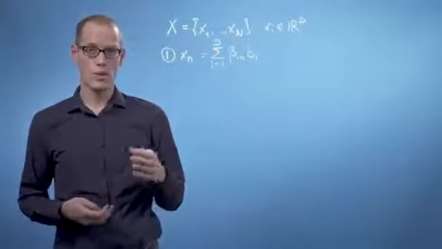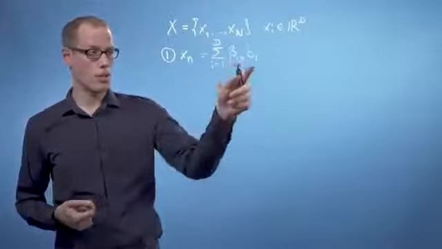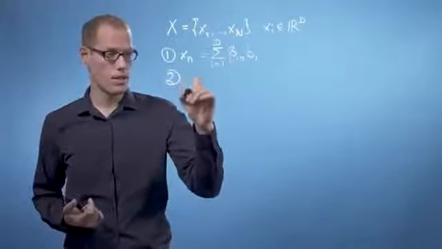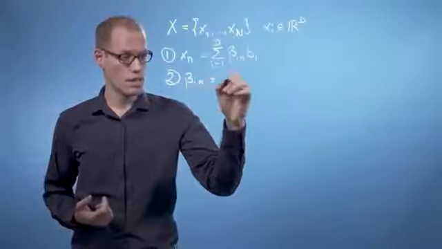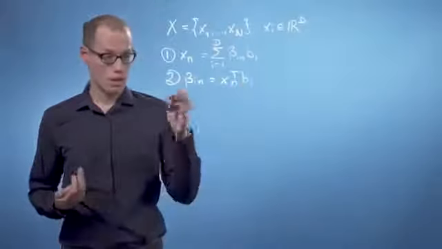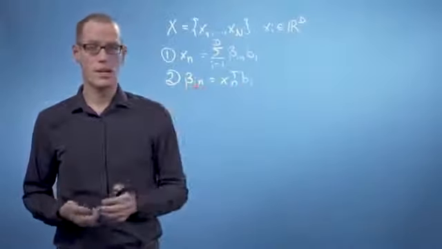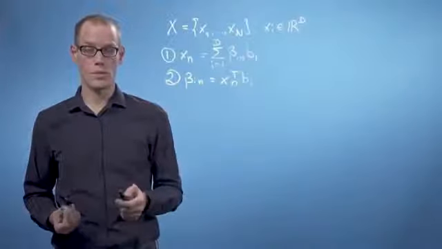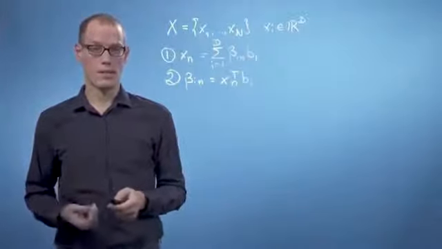If we assume that we use the dot product as our inner product and b1 to bd are an orthonormal basis, we can also write the beta_in as xn transpose times bi, which means we can interpret beta_in to be the orthogonal projection of xn onto the one-dimensional subspace spanned by the ith basis vector.